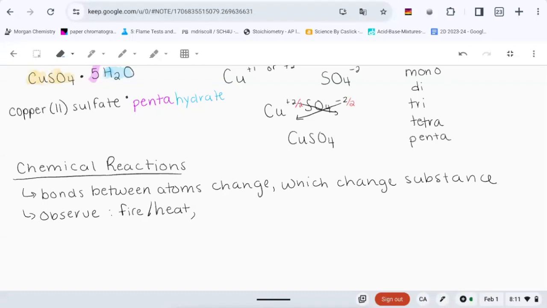Does anyone have any ideas? Yeah, acids will cause chemical reactions. They're very reactive.